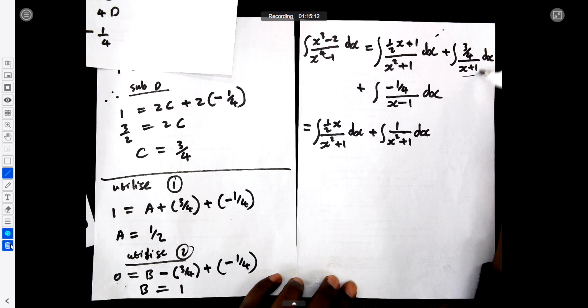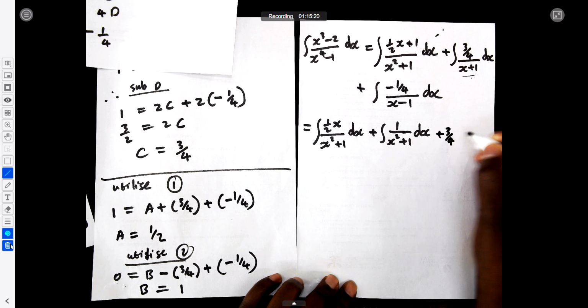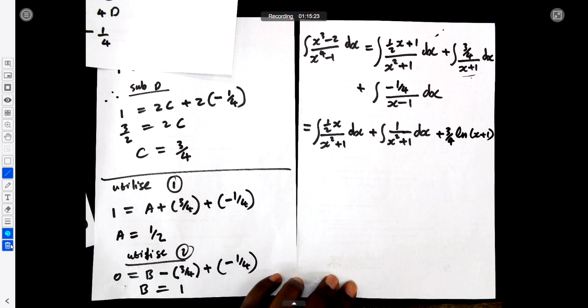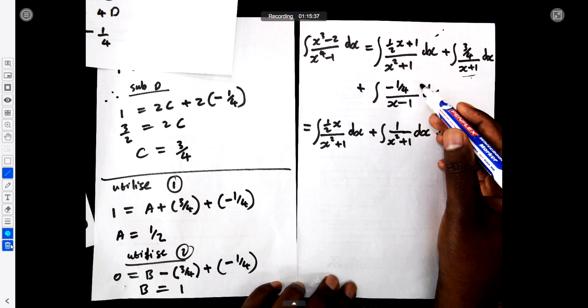We know that the derivative of x plus 1 is 1. So here we just have a constant, we can factor it out. So we can say plus 3 over 4 ln of the base x plus 1. Okay, we have integrated. The last term, same thing, we inspect: the derivative of that gives us a constant, it's a linear function.